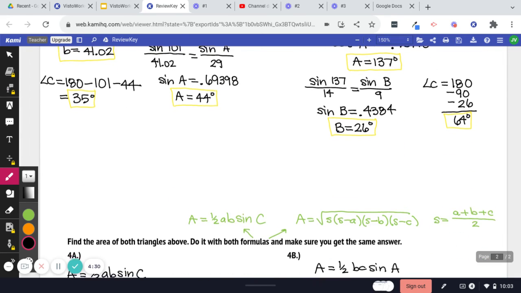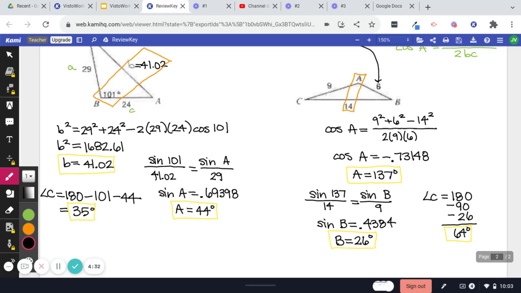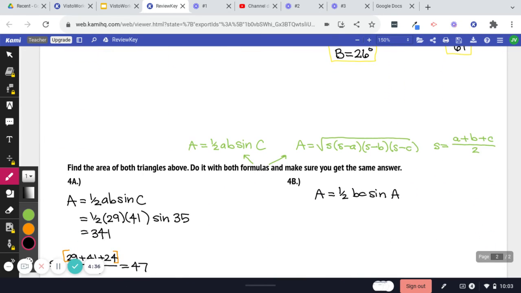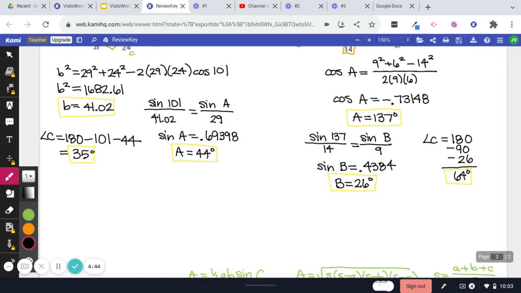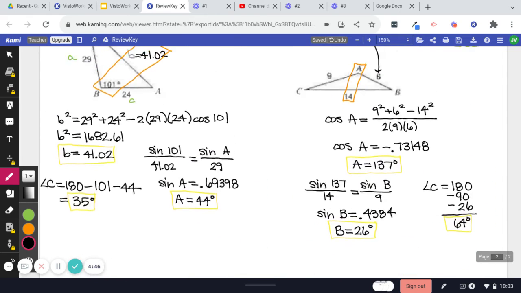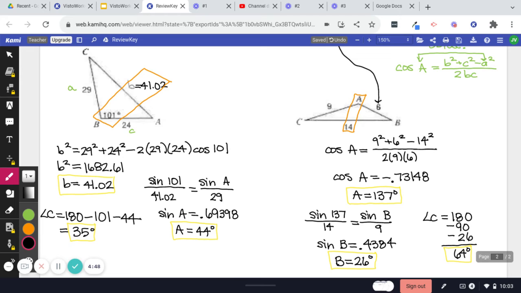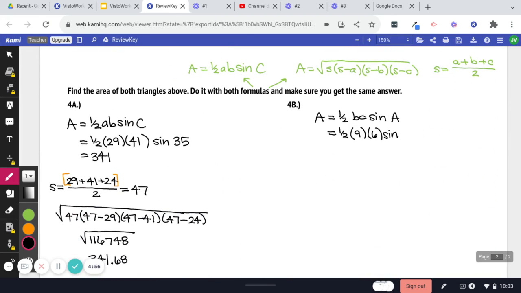So let's see. If I do BC, so side B is 9 and side C is 6. And remember, if you solved that entire question thinking that it was 8 because it didn't copy very well, that's okay. Your answer might look different than mine, but if you do the work correctly and push the buttons correctly on the calculator, you should be fine.